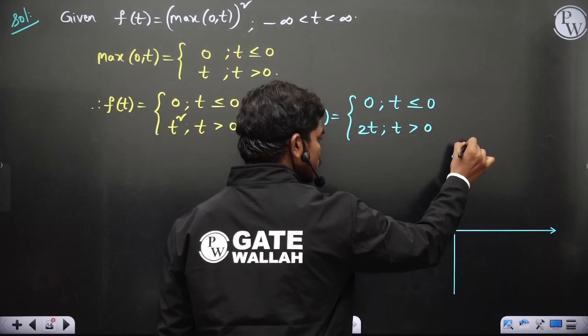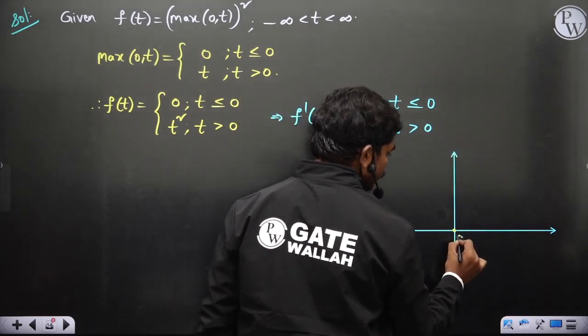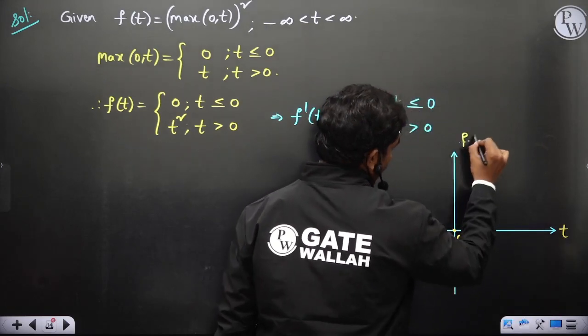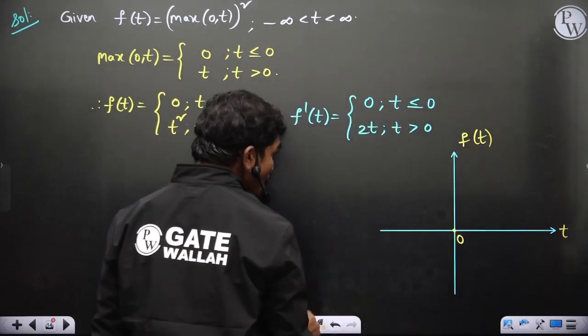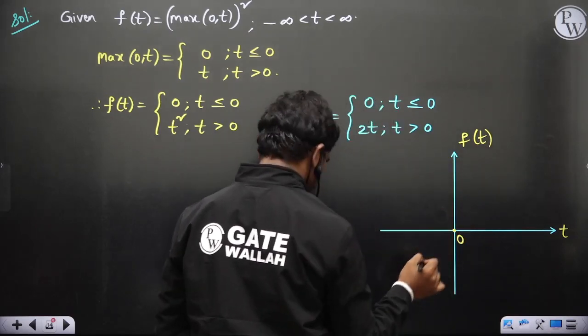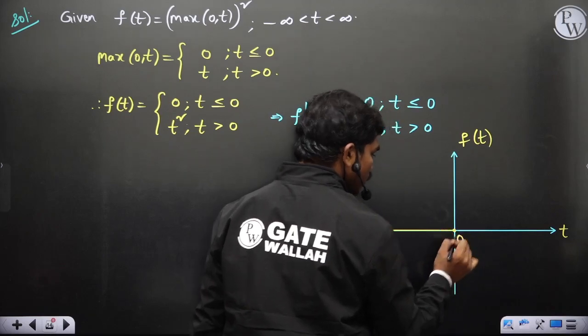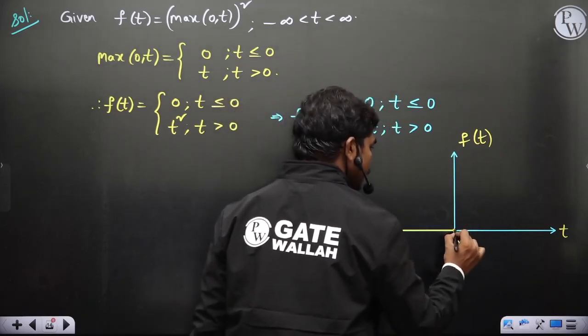So this is how you have 0 till this point, and after it is increasing as per t square.